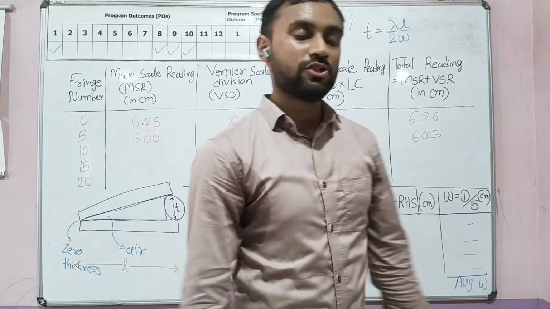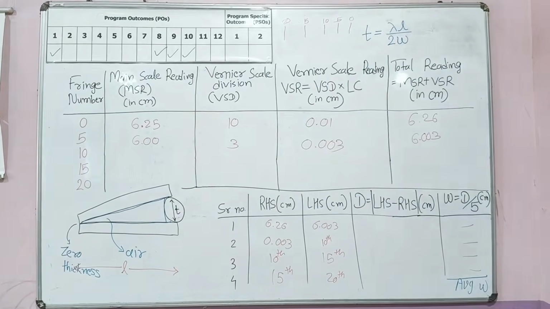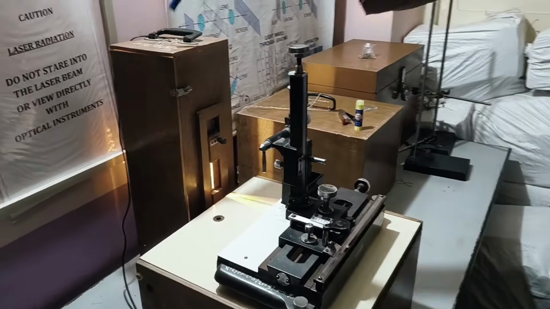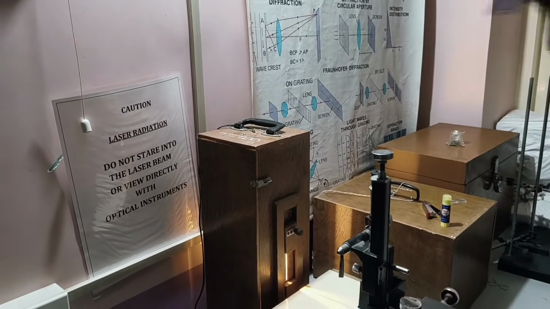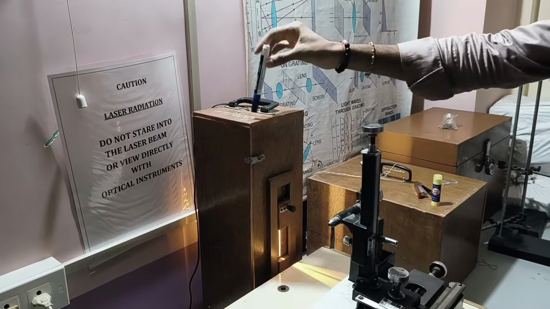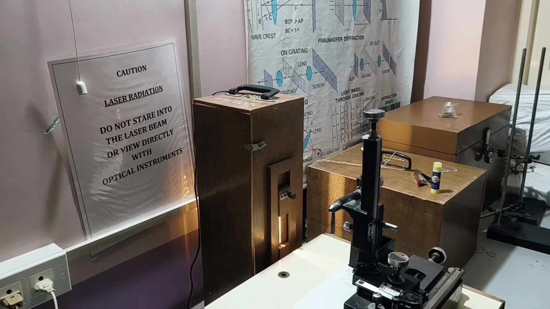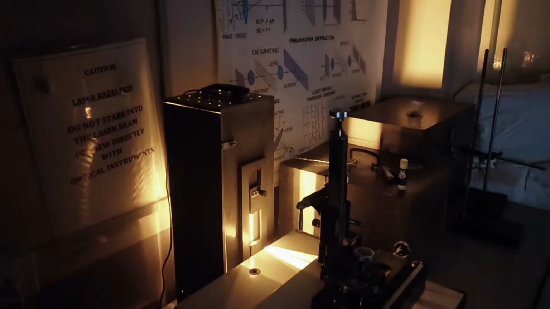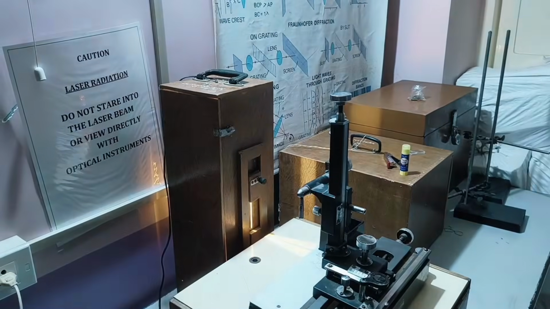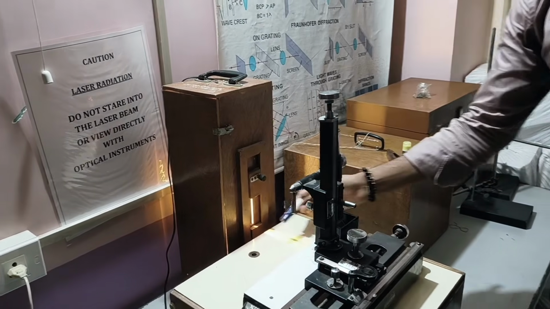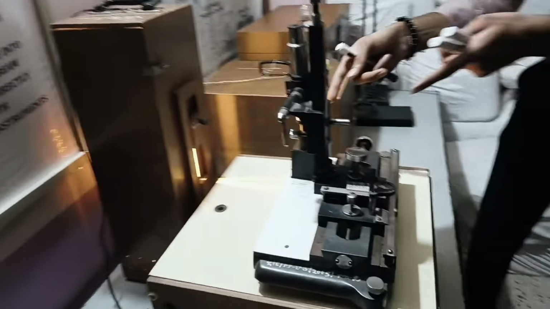Now let's see the actual setup. Come with me this way. This is the sodium lamp I was talking about. It's a nearly monochromatic light source. It's only giving yellow light. You can see it. With this small slit, light is falling on this apparatus.